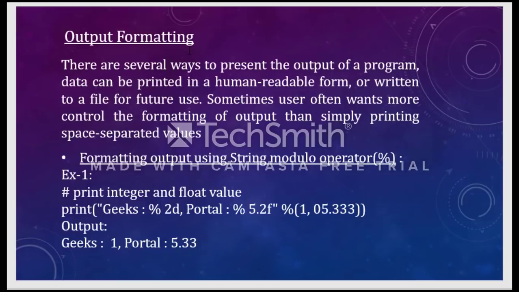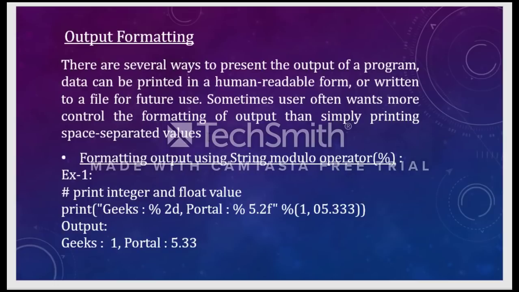Next one is output formatting. In output formatting, there are different ways of displaying output on the screen. Some people may want output to be displayed on the left hand side, some on the right hand side, or some in the middle, and some people may want some spaces in between the numbers or in between the strings. So there are different forms of representing output on the screen.